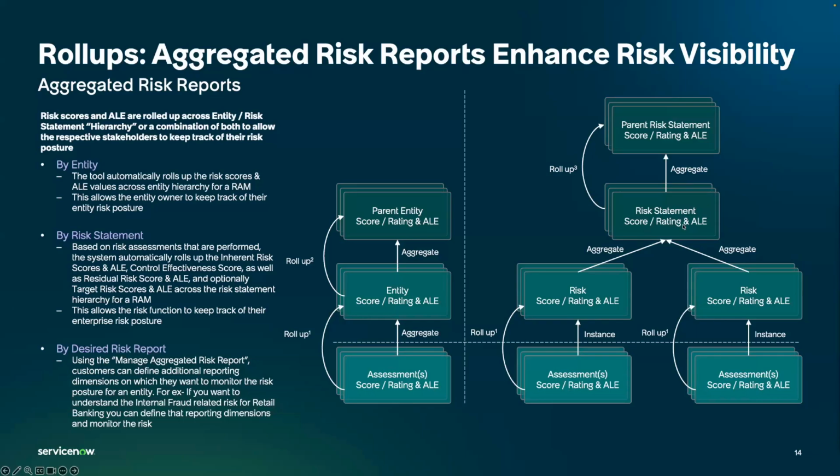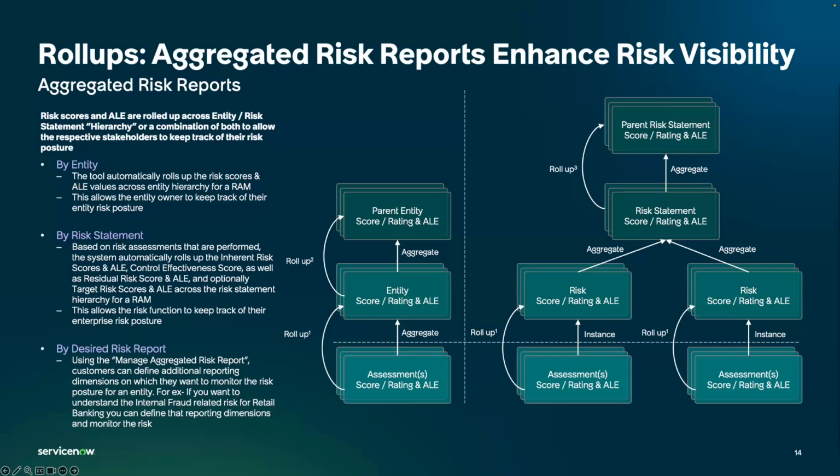Risk statements then roll up to the parent risk statement, that is your enterprise risk categories. This roll up rolls up inherent risk scores/rating and ALE, control effectiveness, residual risk scores/rating and ALE, and optionally target risk. The risk function gets a complete view of enterprise risk posture by risk type, not just organizational unit.